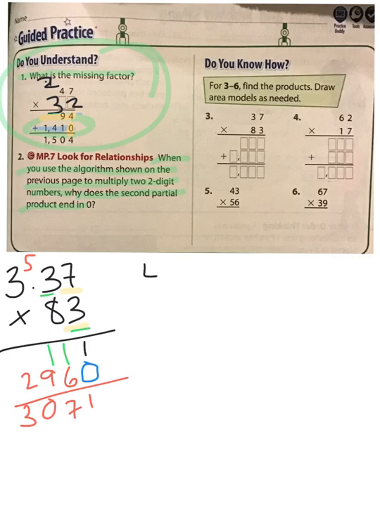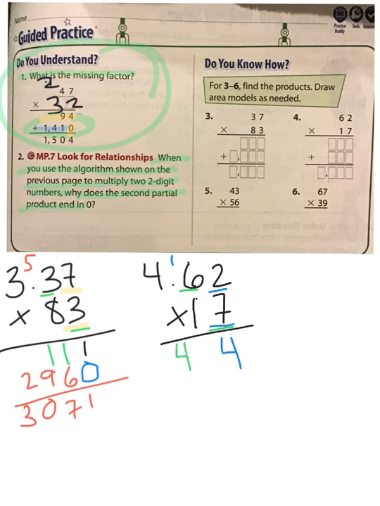Number 4. We have 62 times 17. Start with your ones. 7 times 2 is 14. Put your 4 and regroup your 1. Then you're going to multiply 7 times 6, which is 42, plus 1 more is 43.